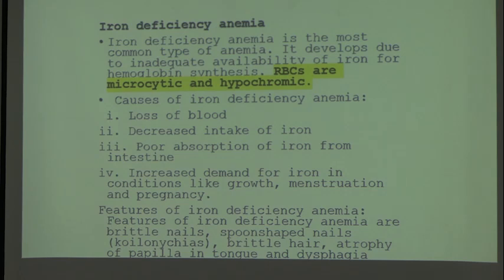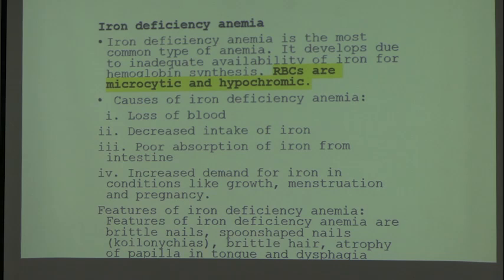Moreover, iron is required in excess amount, more than normal. So what is the normal amount? 30 milligram, no? Iron daily? Daily intake. 40 to 50.